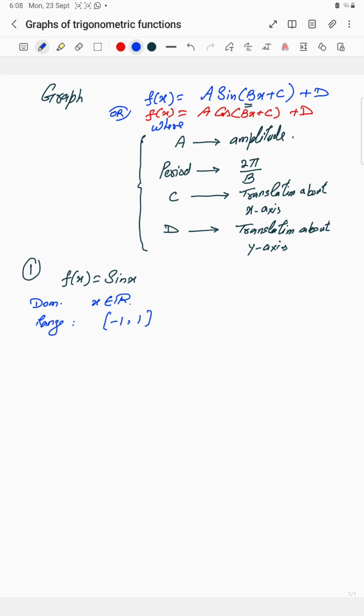Okay, and how can we plot this? The period will be 2 pi over b. And how can we get b? We can write it as sine of x plus 0, right? So here the coefficient of x is 1, so the period is 2 pi by 1, that is 2 pi.